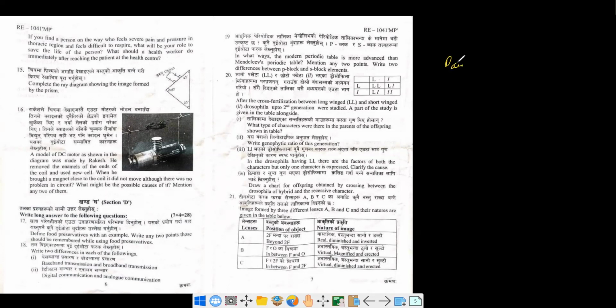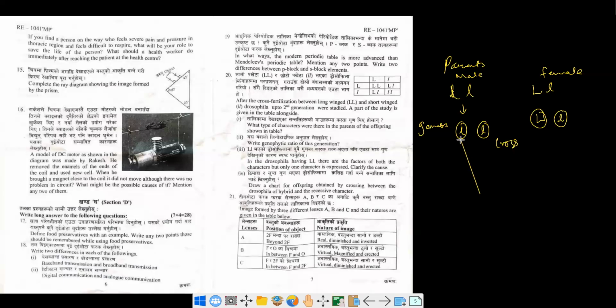So parents. Let's say this is short winged and this is a hybrid. Let's say this is male and this is female. They are going to produce their gametes. So from here we can get gametes this way, and here the cross. After the cross, if these two meet, it is going to give one result.